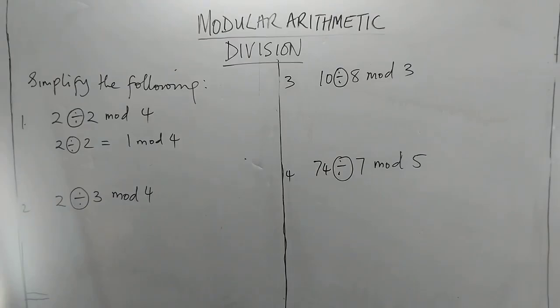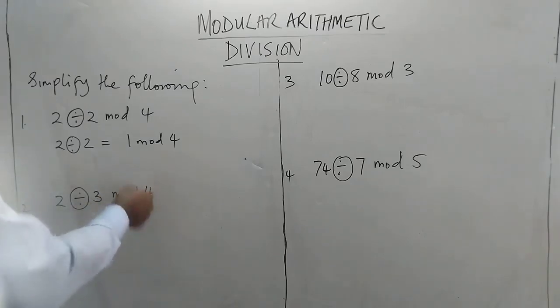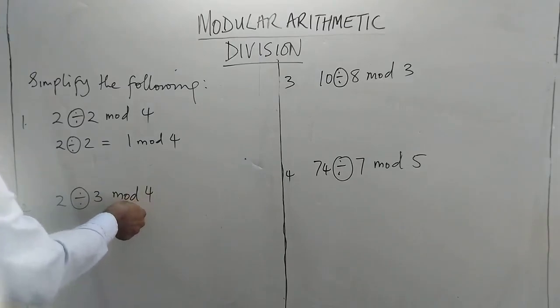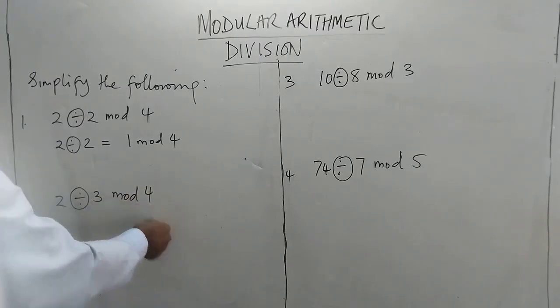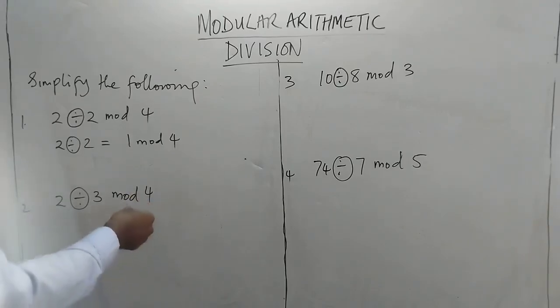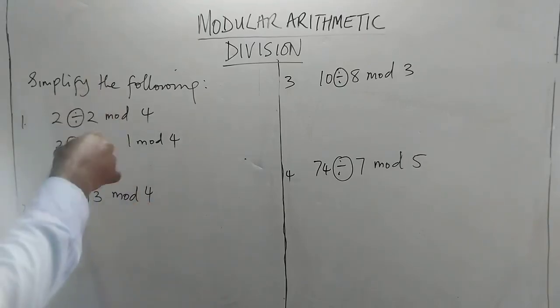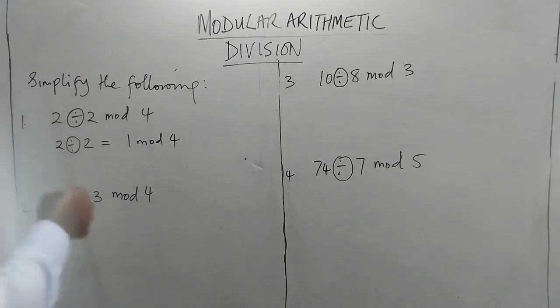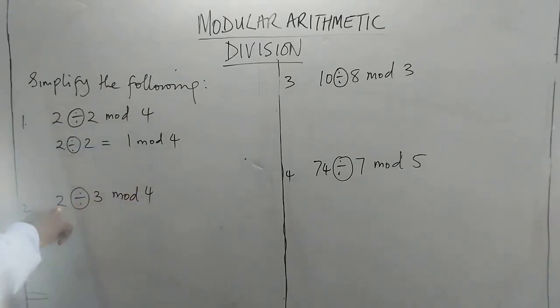What we are going to do is you will take multiples of the mode. In this case, the mode is 4. So multiples of 4. You look for the least multiple of 4 you can add to the dividend so that you can get a number divisible by the divisor.